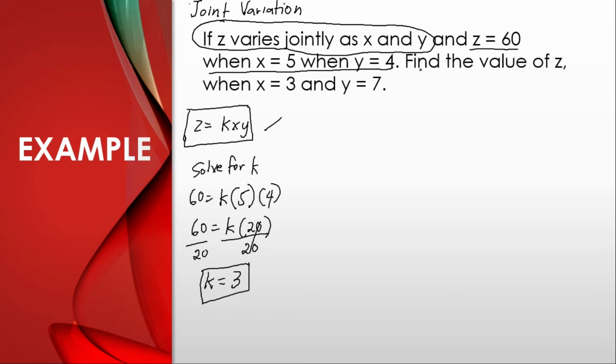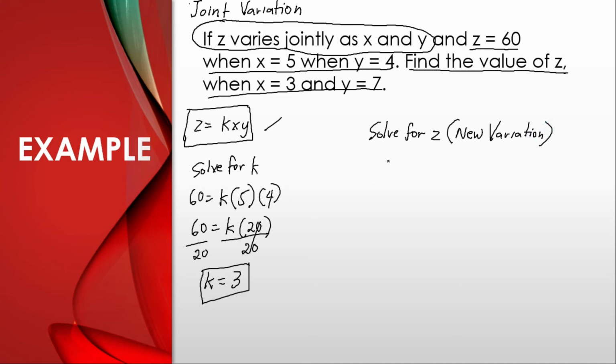So, ang sabi dito, find the value of z when x is equal to 3 and y is equal to 7. So, solve for z na tayo. Substitute lang natin. So, z is equal to, what is our k? That is 3. Ang x natin, ang sabi dito is 3 din also.